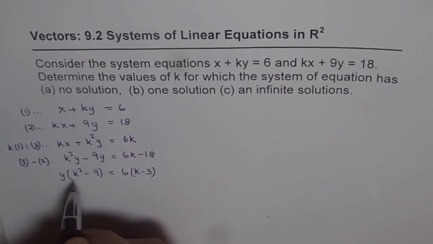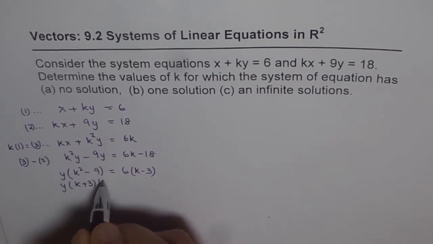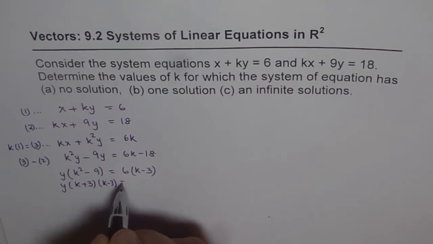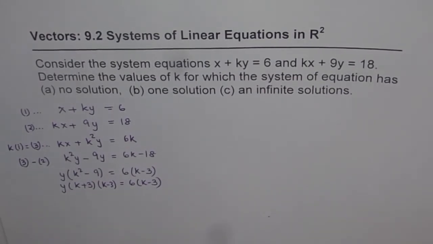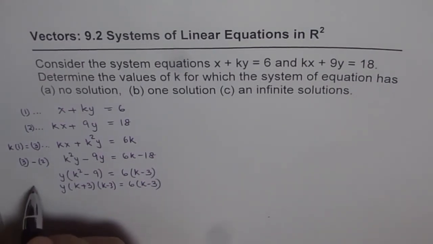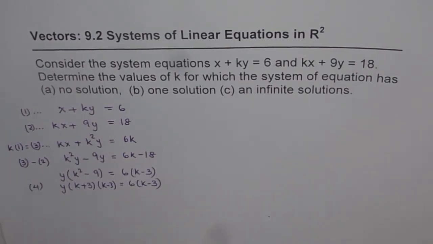On the left side, you notice the difference of squares. So it could be written as (k plus 3) times (k minus 3) equals 6 times (k minus 3). So that is what we get as our equation to work with. Let me call this equation number 4.